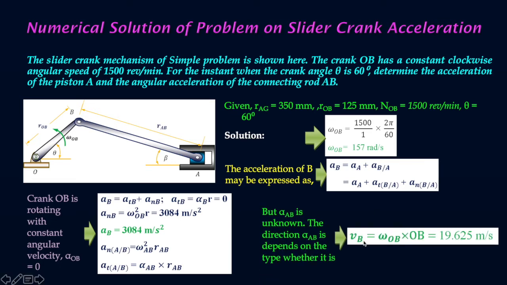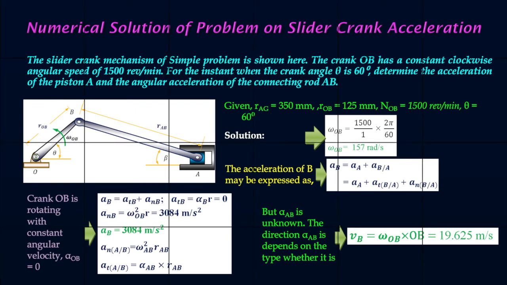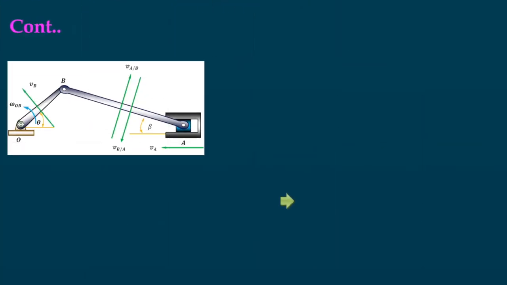So from this equation we can write VB equals omega OB times the radius, and the value is 19.625 meter per second. Then give the direction of the velocities.